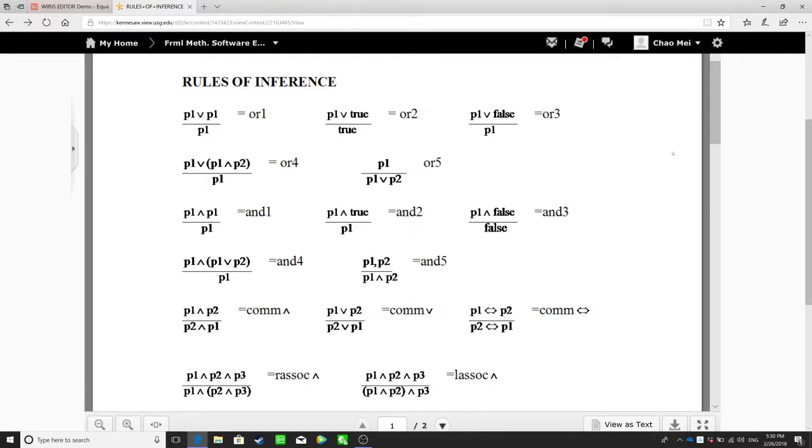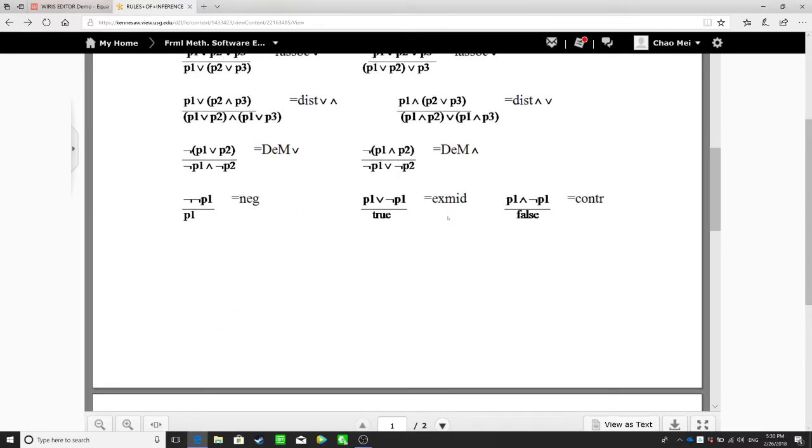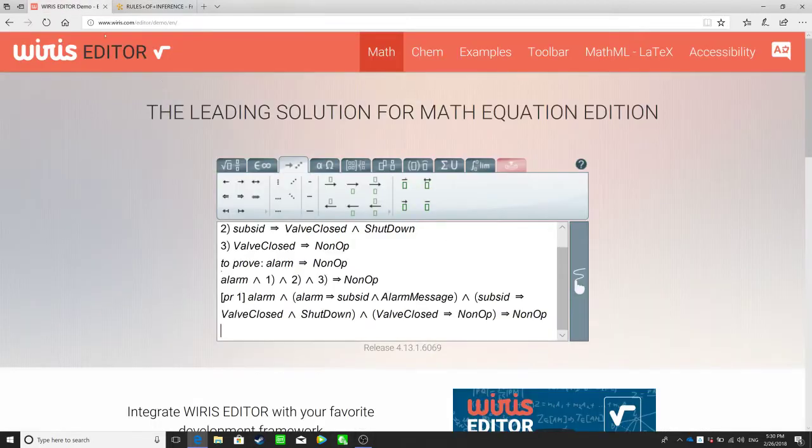So we're trying to see if we can find any P1 or negation P1 stuff. Let's see if we can see anything here.